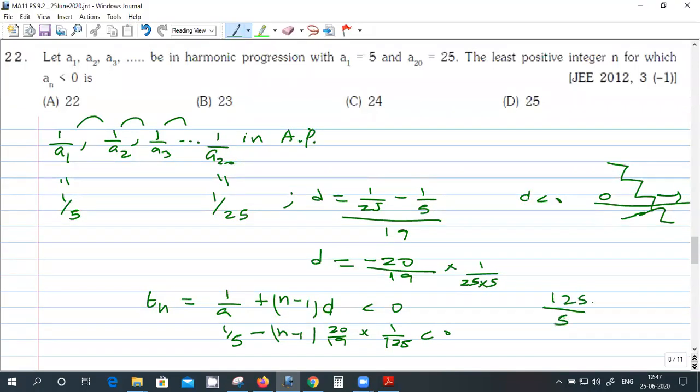So 125 by 5, n minus 1. And this thing should be multiplied by 19 by 20. So this is 5 times 19 by 4 plus 1. 19 by 4 is, 4 fours are 16, right?